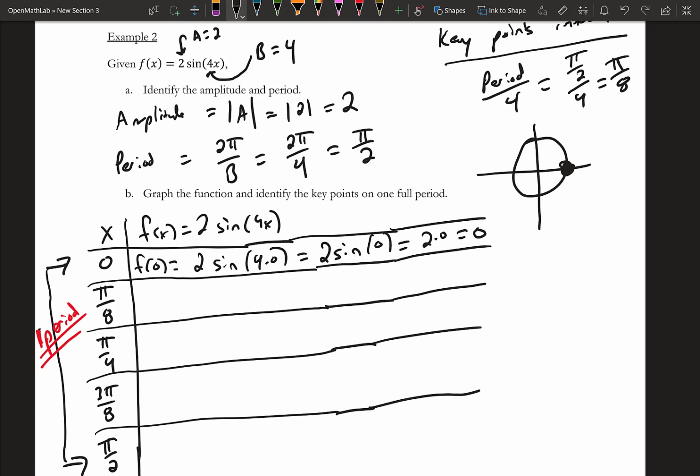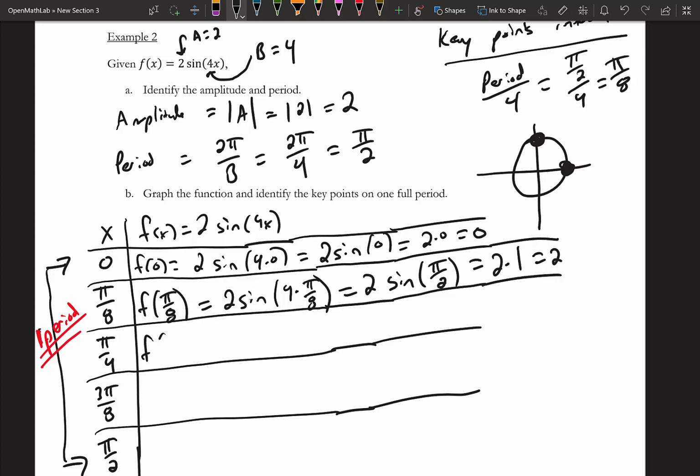Then pi over 8, we would have f of pi over 8, which would be equal to 2 times sine of 4 times pi over 8, which would be 2 times sine of pi over 2, right? Sine of pi over 2 would be the y-coordinate here, which would be 1. So this would be 2 times 1, which is 2.